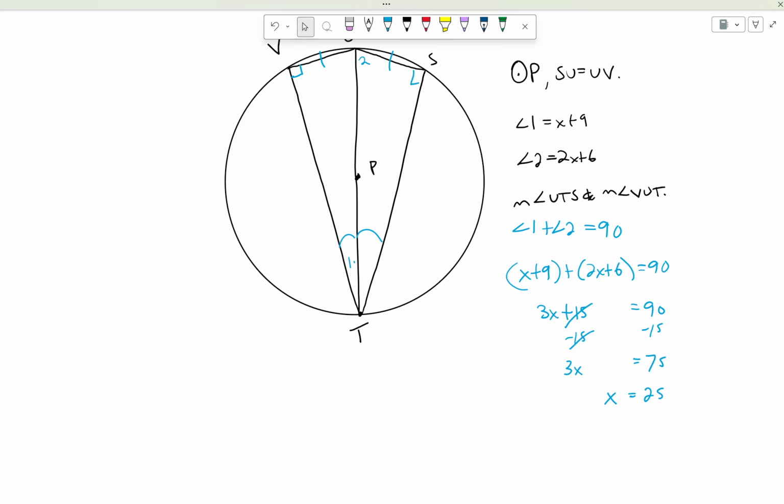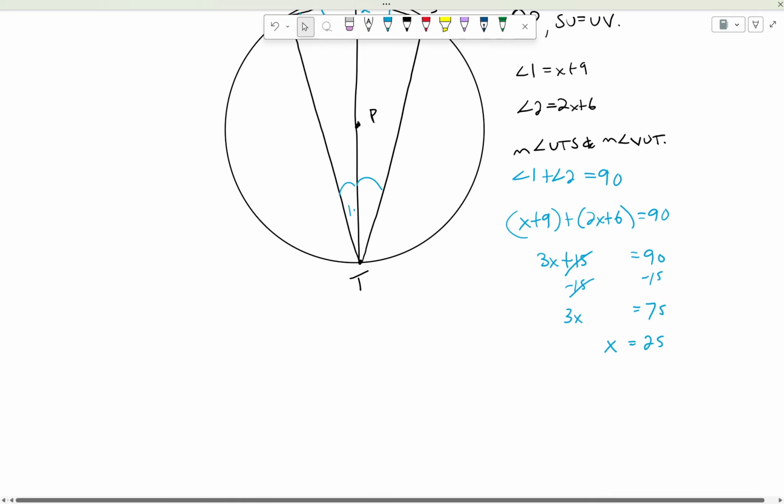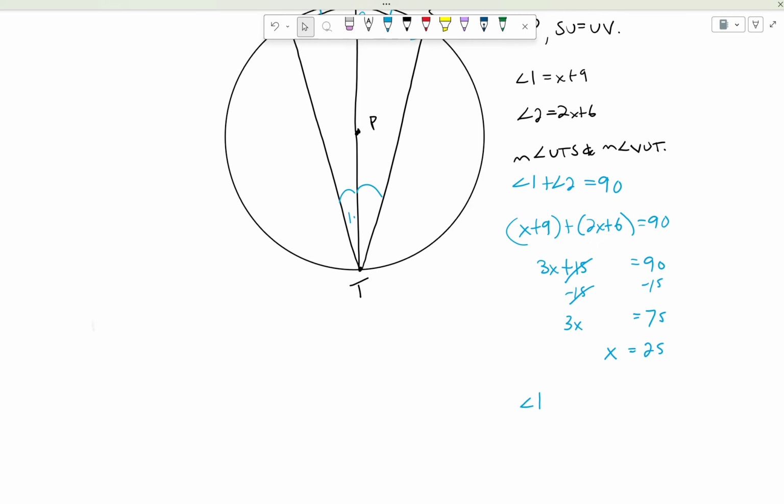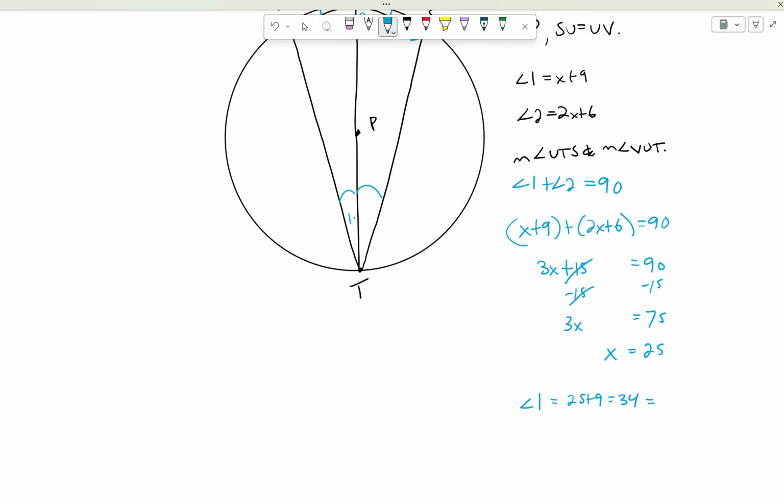Now, we want to find UTS, right? UTS is the same as angle 1. We found out that those guys are congruent. So for angle 1, we're going to plug in 25 plus 9, which is equal to 34, which is equal to the measure of angle UTS.